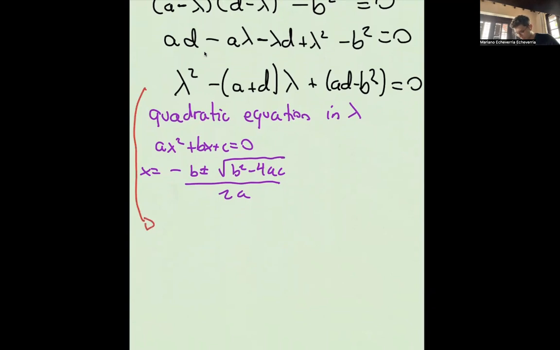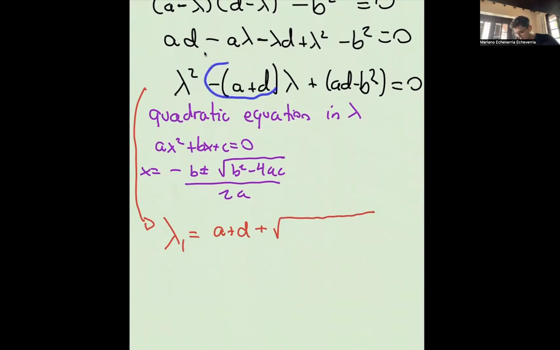But using the formula for the roots of a quadratic, you can find that the eigenvalues would be like, one eigenvalue is with plus and the other one is with minus. So one solution would be minus b, but here b is all of this, so you get A plus D. Let's make this one with the plus, so you get the square root of b squared.